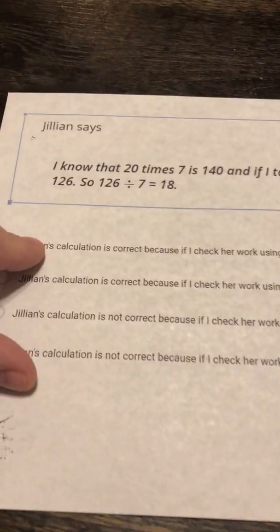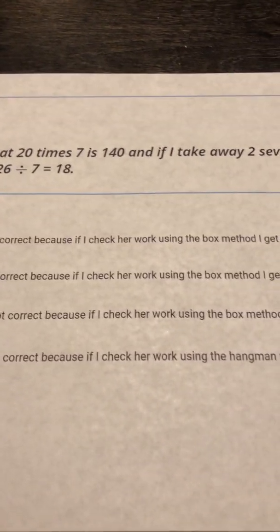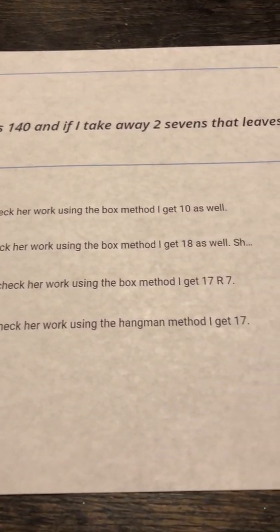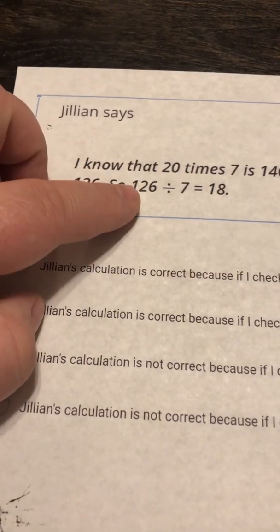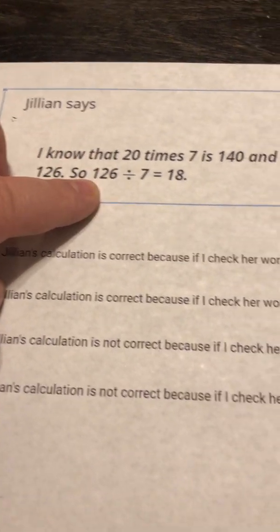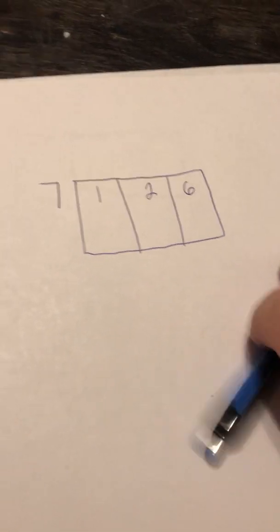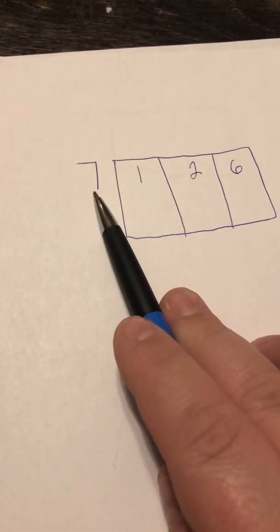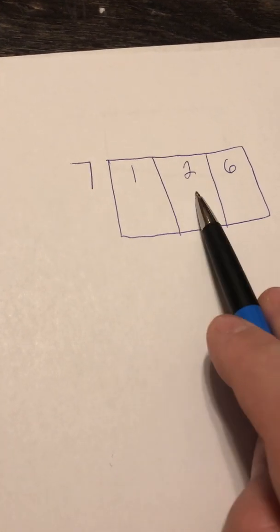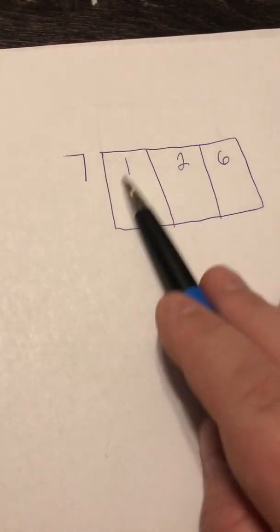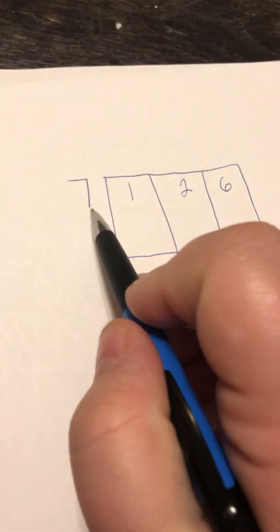It says, Jillian's calculation is correct because if I check her work using the box method, I get 10 as well. So we're going to work this equation out using the box method. So we'll go over here. The box method, I have 7 as my divisor, 126 as my dividend. So I need to make a T-chart out of my divisor.